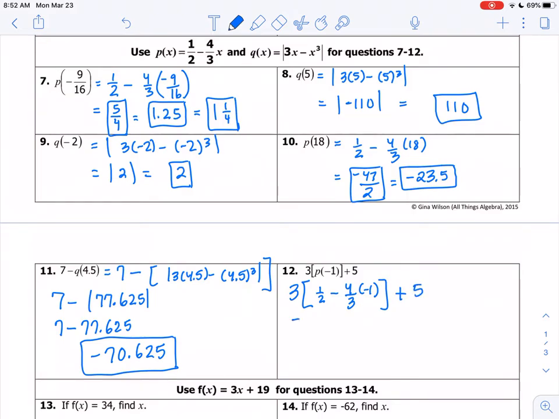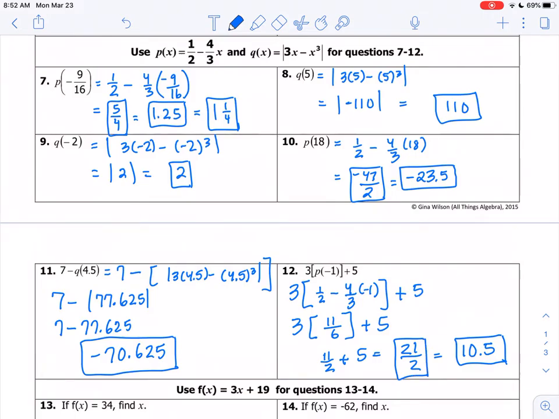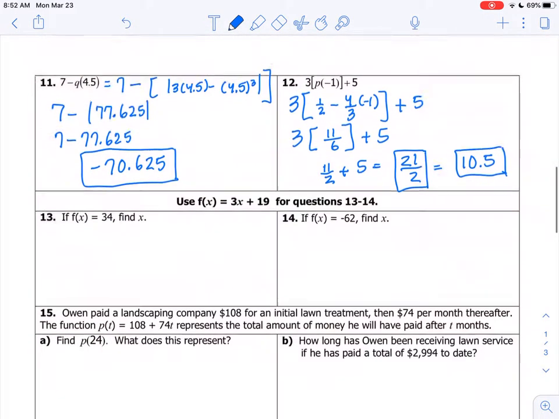Okay, so this would be 3 times 11 over 6 plus 5. So that gives us 11 over 2 plus 5, which gives us 21 over 2. Or you can write it as 10.5. See how it comes out in your calculator. Either one of those would be fine with me.